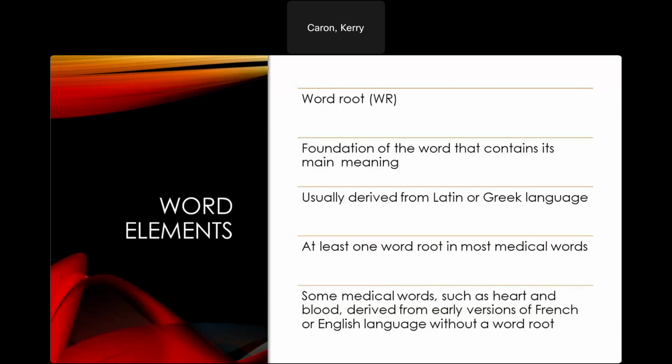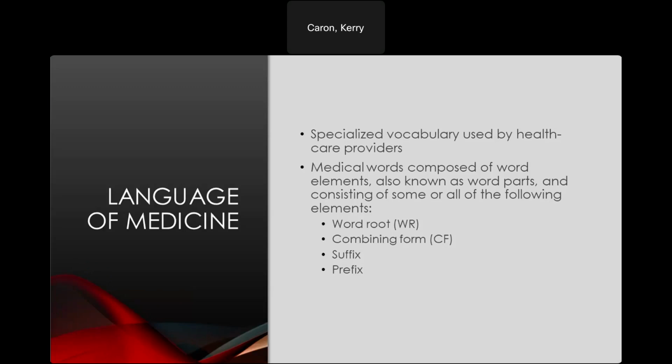Okay, so the word root, actually, let me go back and show you something. This will be my example. Hopefully this works. I think I can make text, yes. Oh, I don't like yellow. Let's make it blue. Okay, polysomnography.